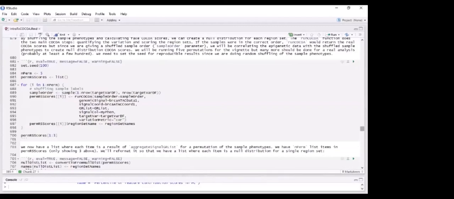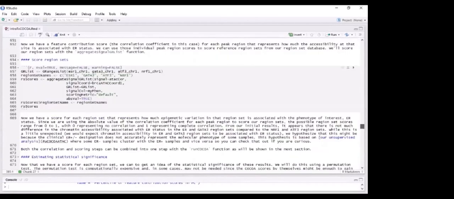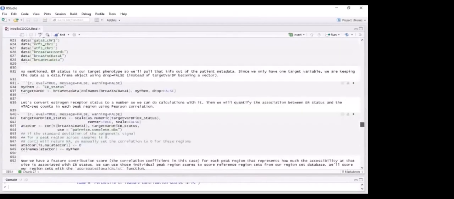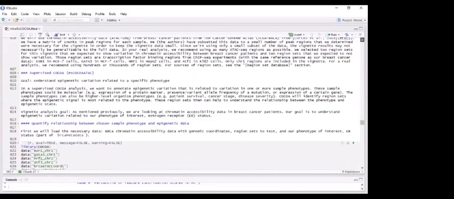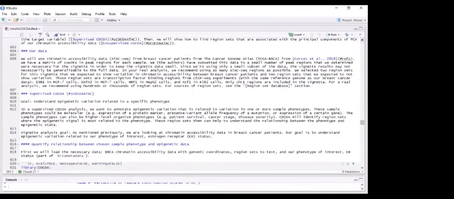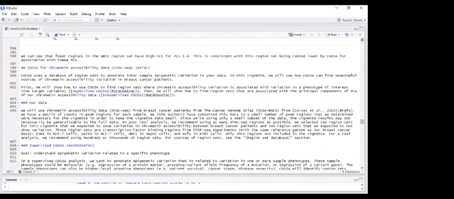Okay, next we'll be moving on to the ATAC-seq portion of this vignette. Really this will be a lot of review on what we've just covered, because the same functions and the same general method are being used, just with a different type of data.